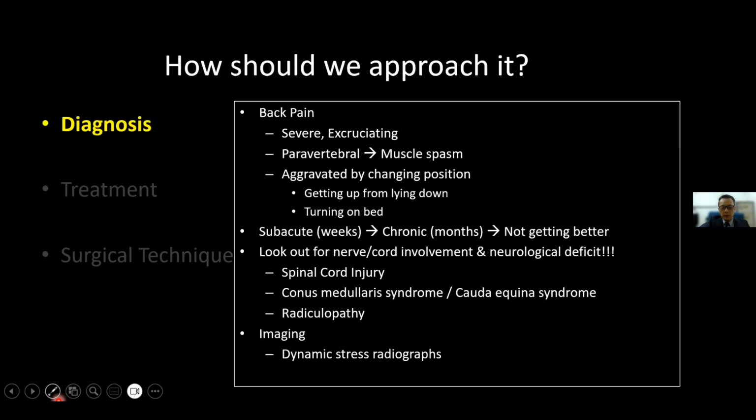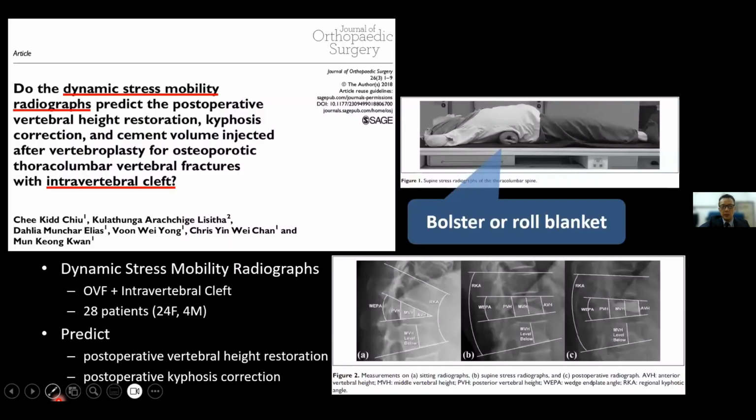For diagnosis by imaging, we can do a special X-ray called dynamic stress radiographs. This is done by gently putting a bolster or a roll blanket behind the back, because the patient may have some pain, and taking a lateral view of the X-ray, then comparing it with an upright or sitting X-ray.